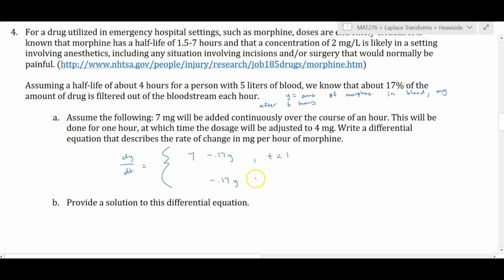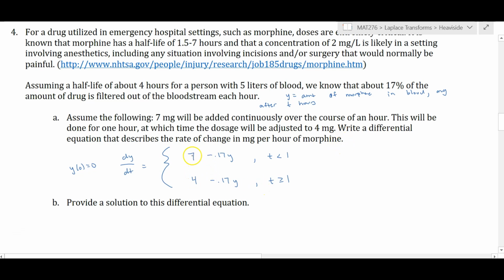And so next at this point, we want to have 4 milligrams per hour, and that will be for t greater than or equal to 1. Now, in order to model this with a Heaviside function, and of course y of 0 is equal to 0 because we're assuming that we're just beginning the infusion process.